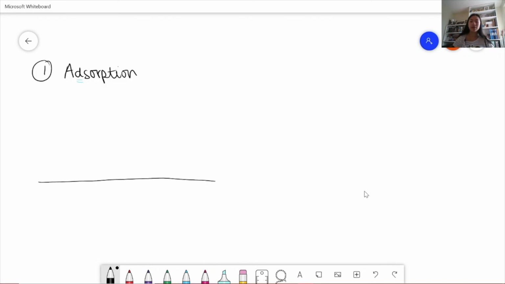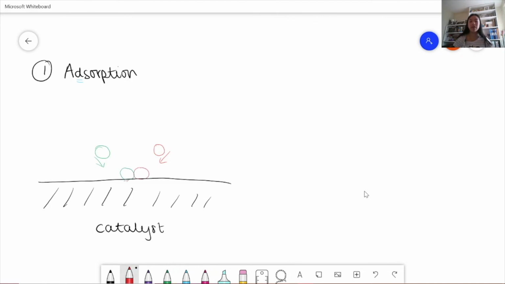So say we have a metal surface here, and this is the catalyst, and we have a gas incoming here and a gas incoming here. The weak bonds form with this metal surface, and this ensures that they're in the right place in order to react with each other. And so then they react on the surface of the metal, and then desorption occurs.